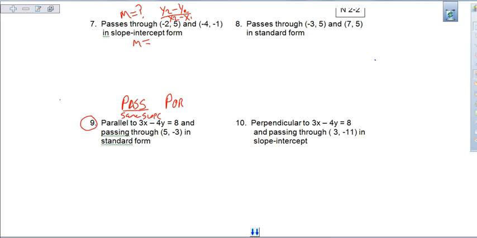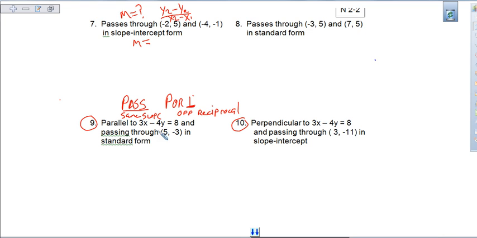And then remember when we wrote PASSPORT, we put the T upside down to indicate perpendicular, but perpendicular lines have slopes that have an opposite reciprocal relationship. One's going to be positive, the other one has to be negative, and then they're going to be reciprocals of each other. So we can use that line of thinking to solve number 9 and 10.